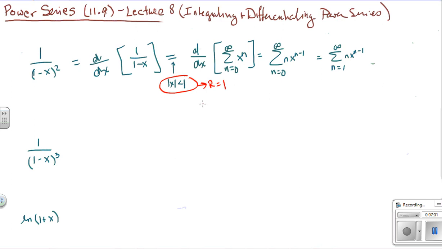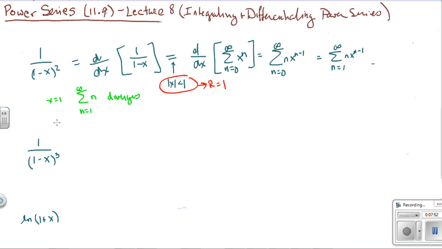So the radius of convergence in this case, remember, we're expanding around 0, so the radius of convergence is 1. The interval of convergence may not be the same, so we have to check what's happening at 1 and negative 1. So let's do it really quickly. At x equals 1, I'm looking at the sum n equals 1 to infinity of n times 1 to the n minus 1, which is this 1, and that diverges, right?